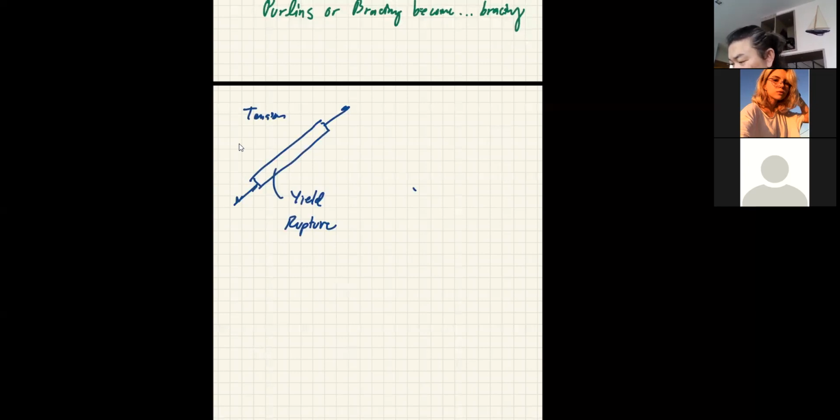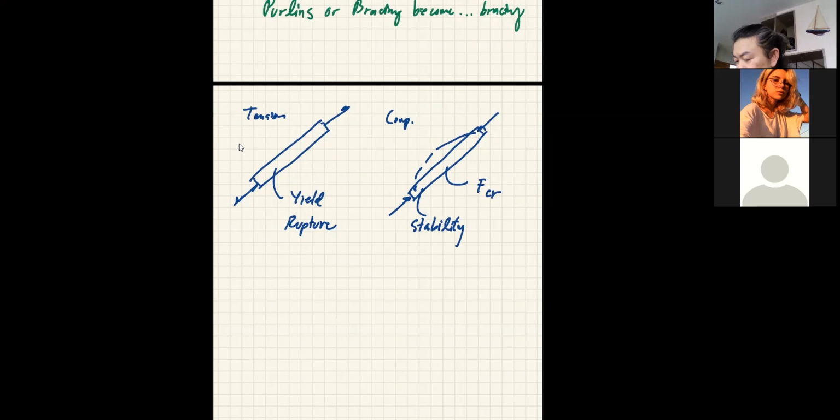But when you put it under compression, it's the problem with stability. It buckles and we need to approximate the critical buckling stress.